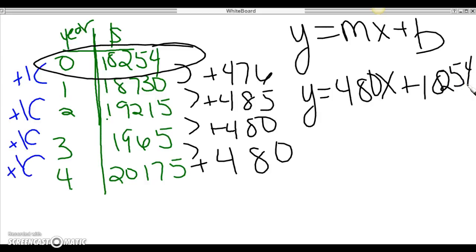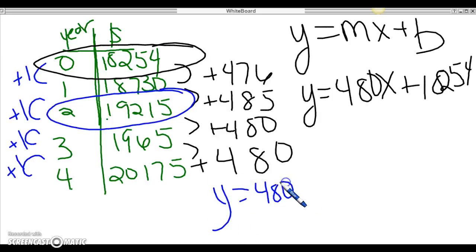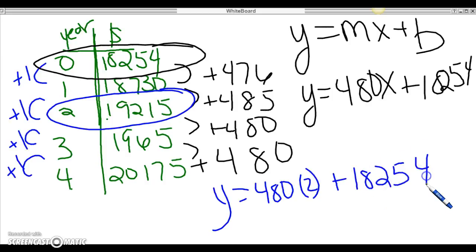And we can test some points to see if we get about that amount or close to it. So let's test this point here. So y equals 480 times 2 plus 18,254. So let's put that in my calculator.